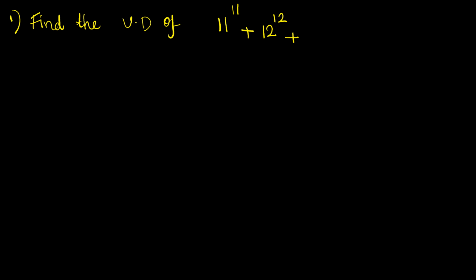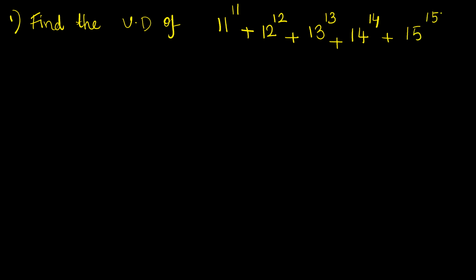We'll solve this problem. Find the unit digit of 11 raised to 11 plus 12 raised to 12 plus 13 raised to 13 plus 14 raised to 14 plus 15 raised to 15.